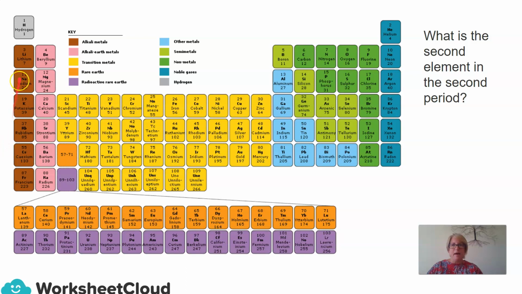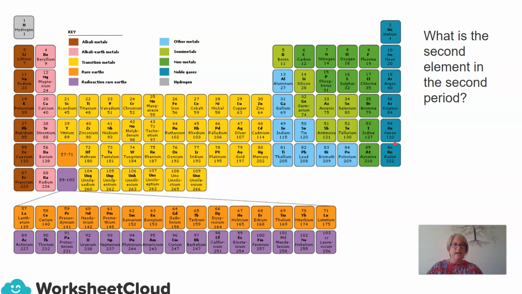So remember that these columns are known as groups and these rows are known as periods. If we have a look at a period going across like this, this is going to be the first element, the second element, the third element, and so on. And this will be the 18th element in group 18.